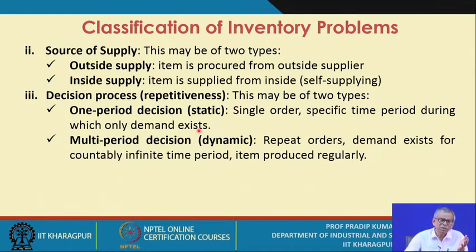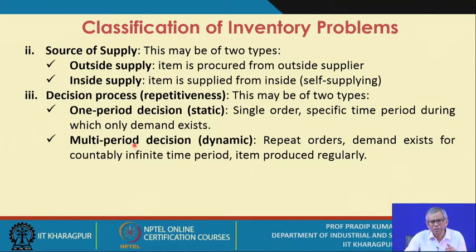But there are cases, there are inventory items, these items are regularly used, mainly for production purposes. So for these you have to take a multi-period decision, dynamic. Whenever you have to take a decision, not only today, but every month, every year.